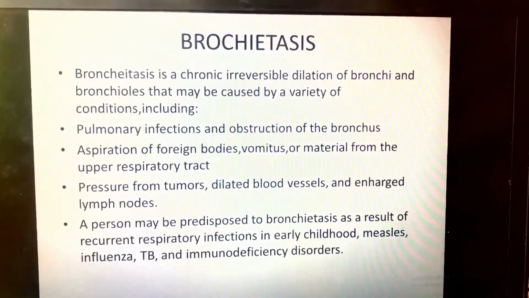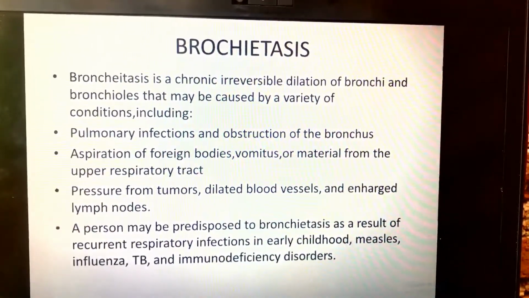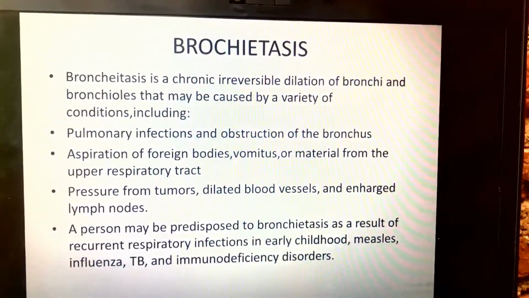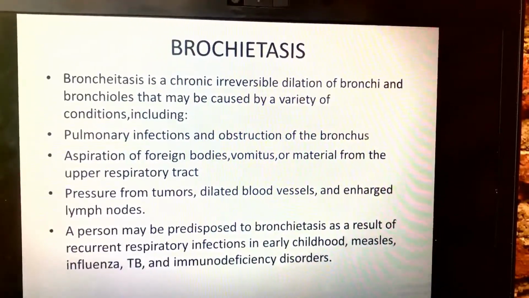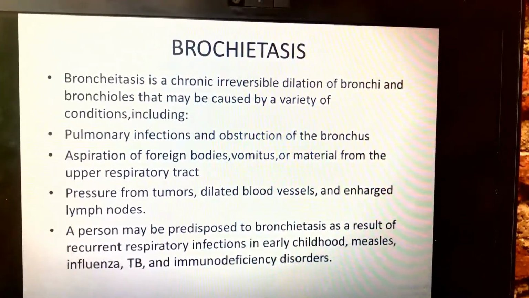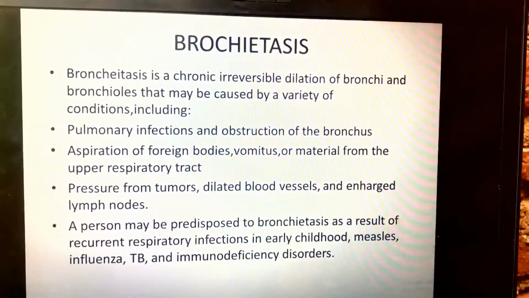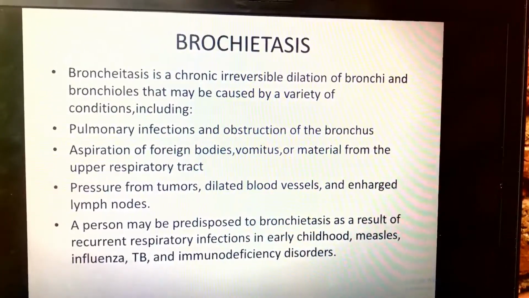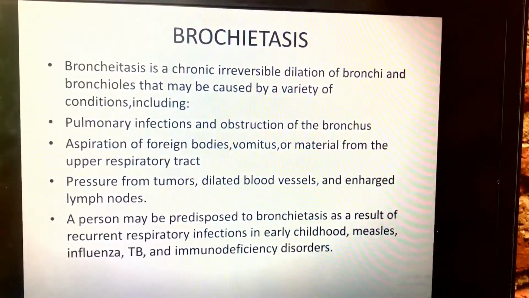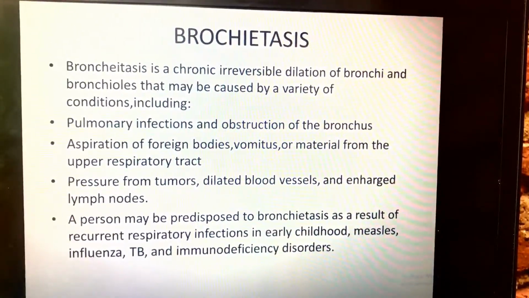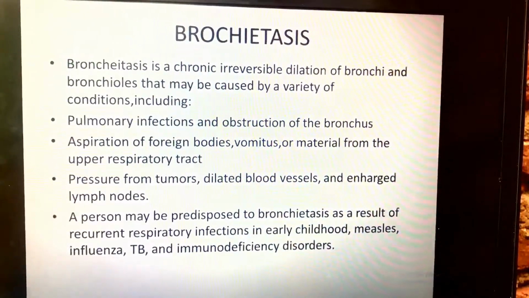The second pathology we are going to see in respiratory disorders is bronchiectasis. Bronchiectasis is a chronic irreversible dilation of bronchi and bronchioles that may be caused by a variety of conditions, including pulmonary infections and obstructions of the bronchus, aspiration of foreign bodies, vomitus or materials from the upper respiratory tract, pressure from tumors, dilated blood vessels, and enlarged lymph nodes.